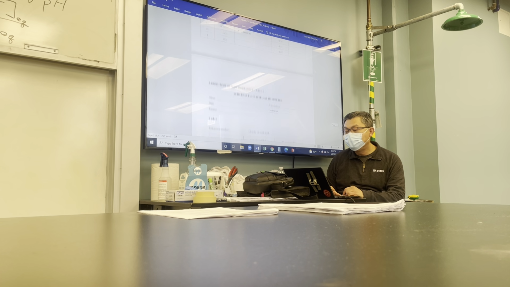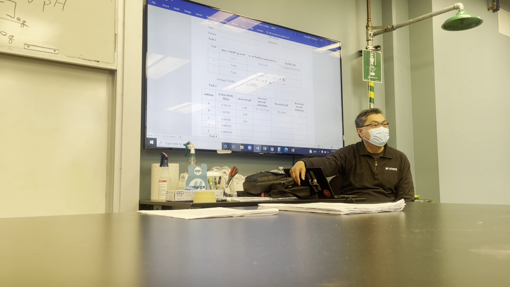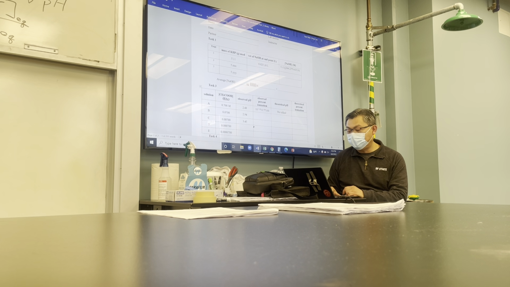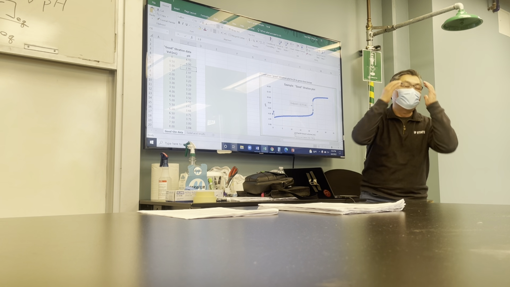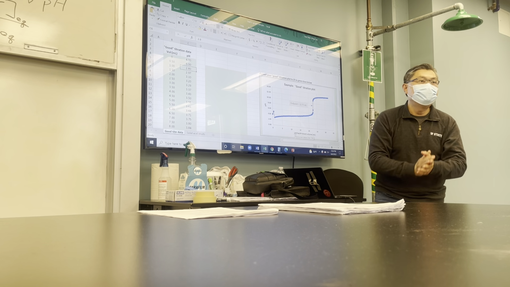So you should write this number, whatever that average number is, instead of saying 1, because you are not 1. I say 1 in here, it's just an example. Okay? All right. So that's your titration curve.